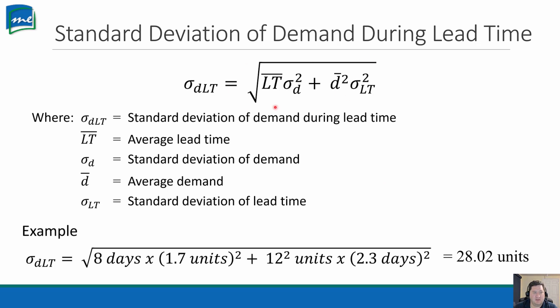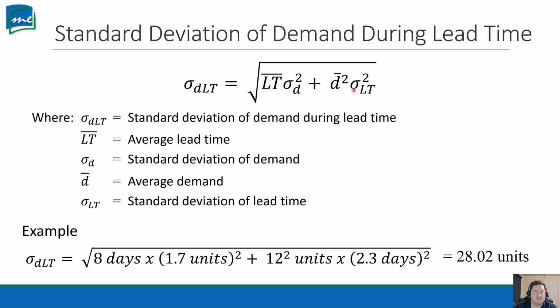So here's our formula again. And as I explained, we come up to 28. Our average lead time was 8 days. Then we had our standard deviation of demand, which was 1.7 units. We square that because we had the sigma squared here. And then we're going to add the 12 units, which was our average demand.